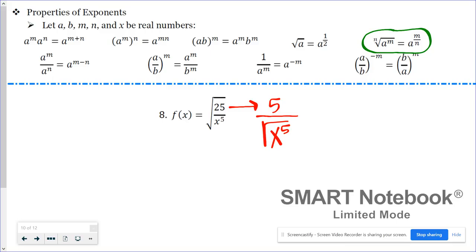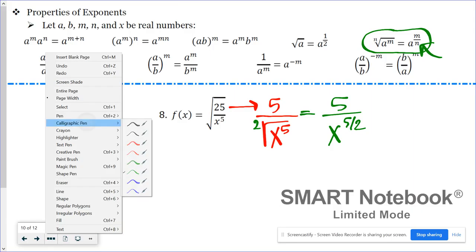And this rule allows me to rewrite radical expressions using rational exponents. Now remember, square roots have an index of 2. So that means the square root of x to the 5th would be x to the 5/2, because in this m over n, m is the original exponent, n is the index.